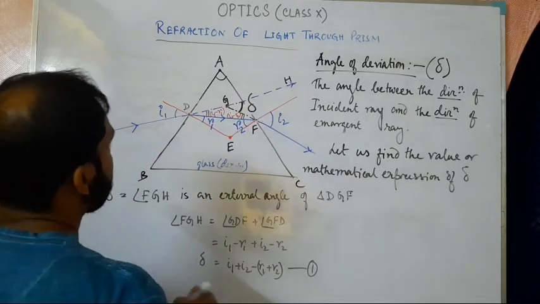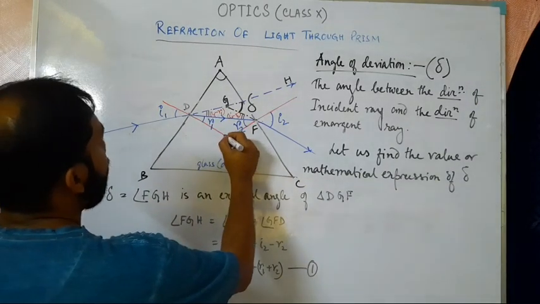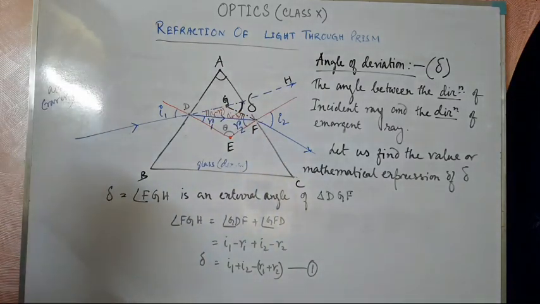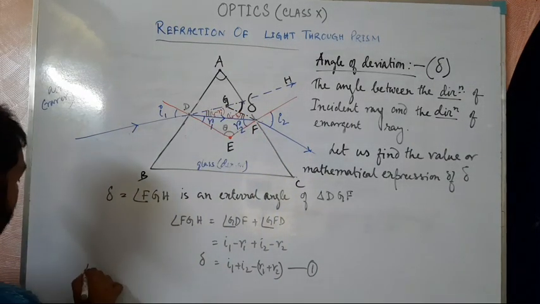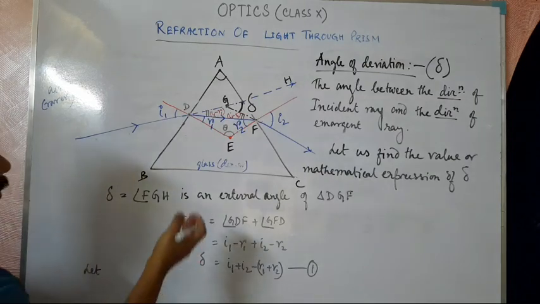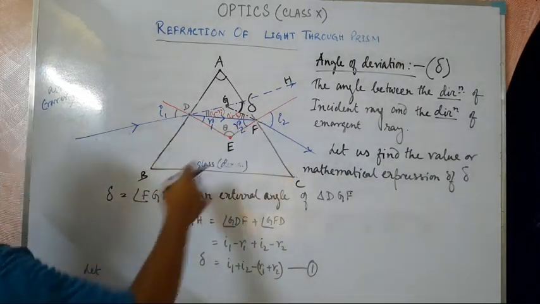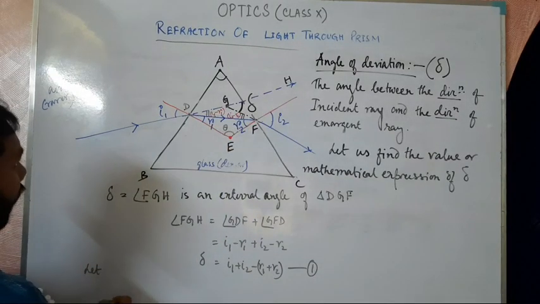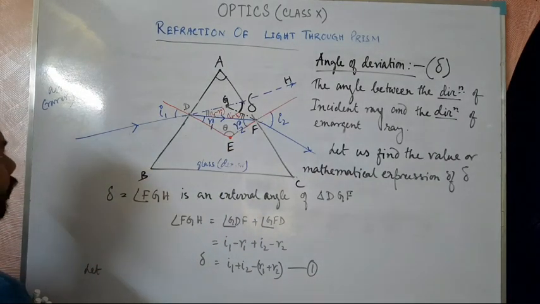Suppose we give a name to this angle. Let this angle be theta. Let DEF be theta. Just naming it, because it is difficult to always write the total name, so I am giving a small name.